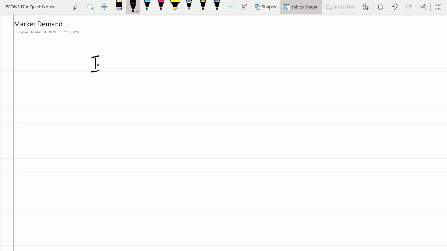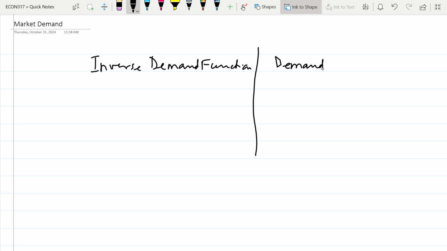So I want to write inverse demand function, and then we will change it into the demand functions. For the buyer 1, we have the inverse demand function, price on the left, given as P equals 10 minus Q1.